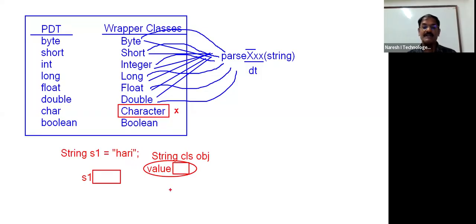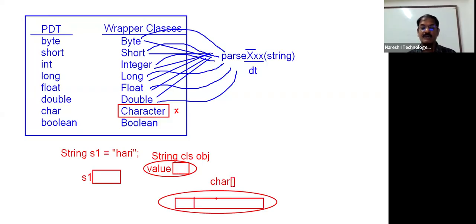This value is a char array with 4 locations, because there are 4 characters: 0, 1, 2, 3. Here we have 'H', 'A', 'R', 'I'.